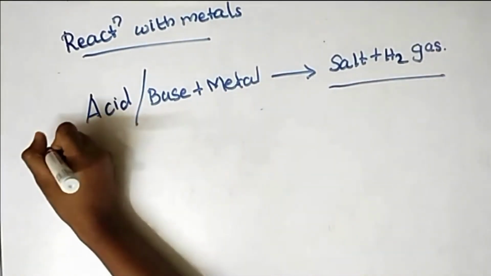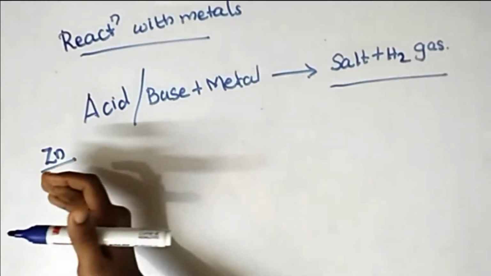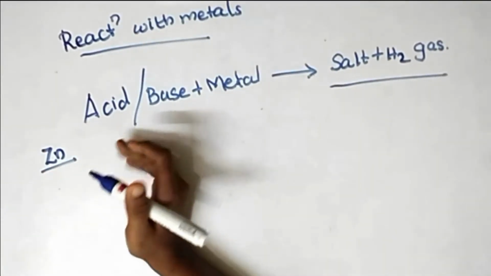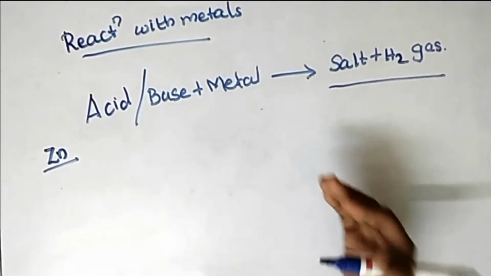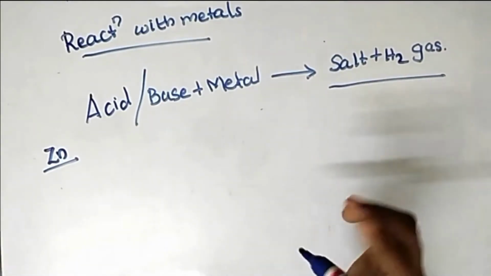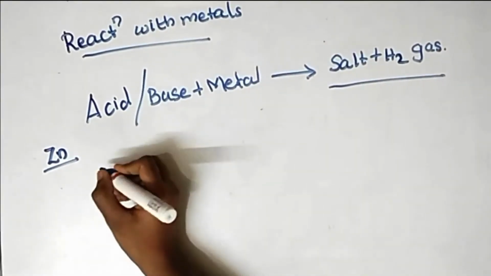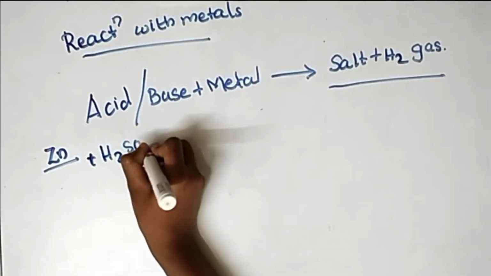For example, we can consider the metal zinc and check what happens when zinc reacts with an acid. We already discussed acids and bases with examples in the previous video. If you haven't watched it, the link is in the description. Here we can take the acid H2SO4, which is sulfuric acid.